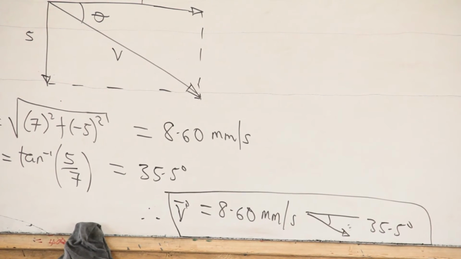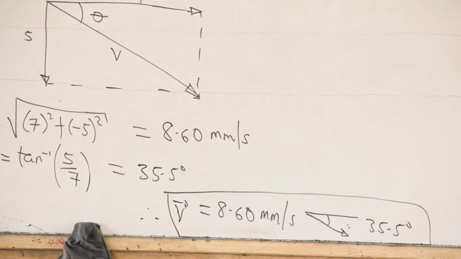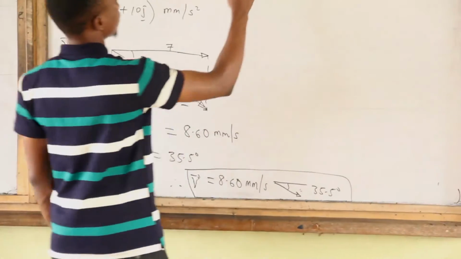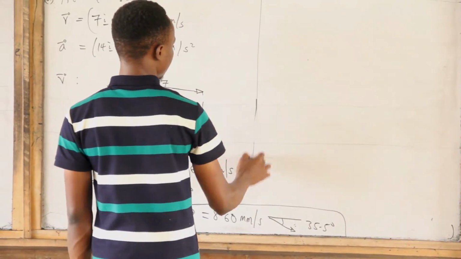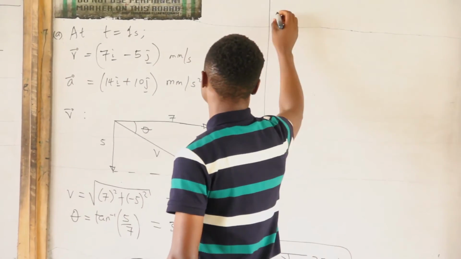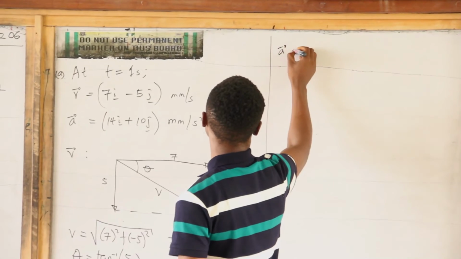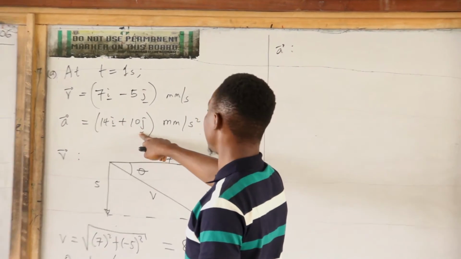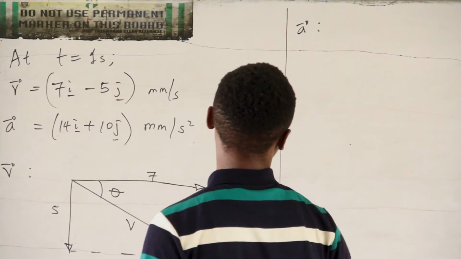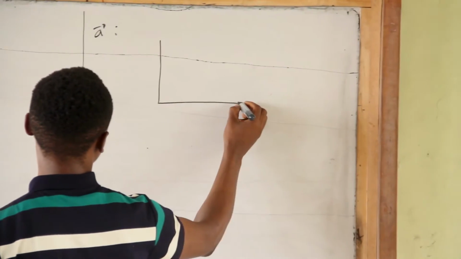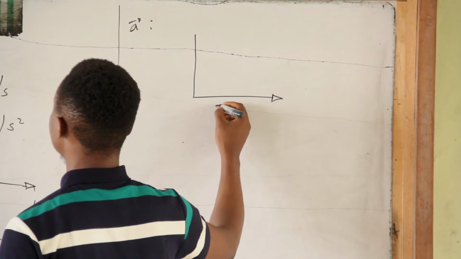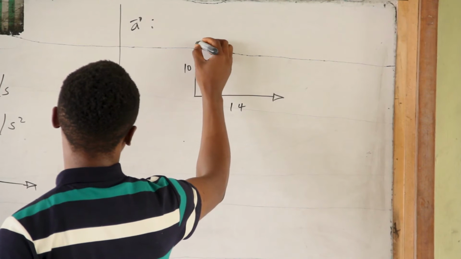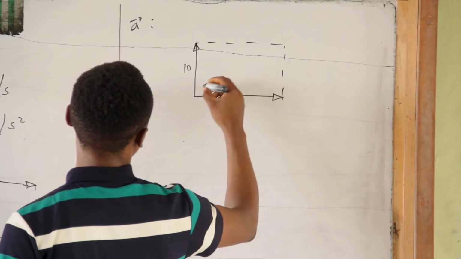You can do the same thing for the acceleration. Let's do that together. For the acceleration, it has positive x component and positive y component. Can you see that? So we're going to have something like this. X component is 14, y component is 10. So this is going to go this way and this way.